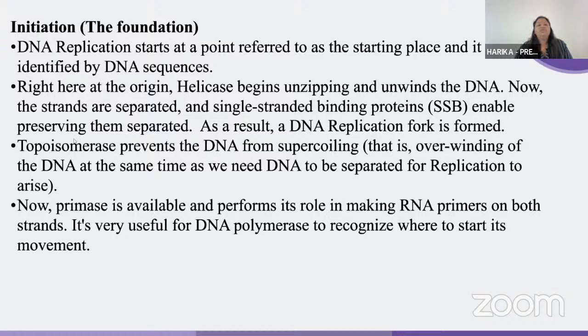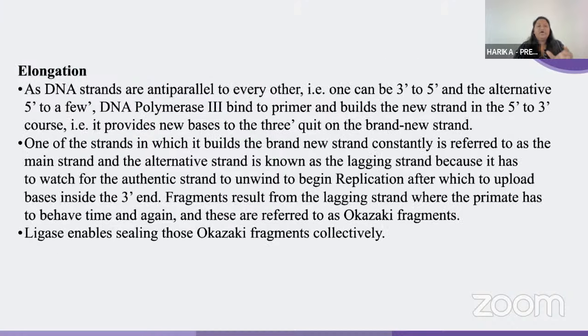As I have mentioned, topoisomerase prevents DNA from supercoiling, and now primase performs the RNA priming. Wherever the primase starts, the DNA polymerase recognizes it and starts binding. So 5 to 3 dash is your initiation, and then comes elongation.